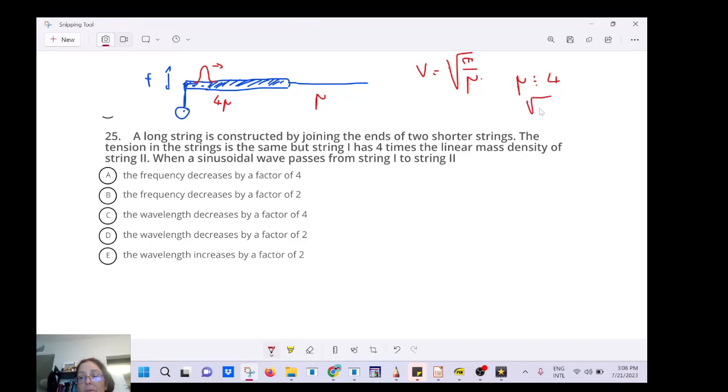So square root of mu will be divided by 2. So the speed will be multiplied by 2. So the speed is going to increase, right? So the speed is frequency times wavelength. So if it goes up by a factor of 2, the wavelength will go up by a factor of 2.